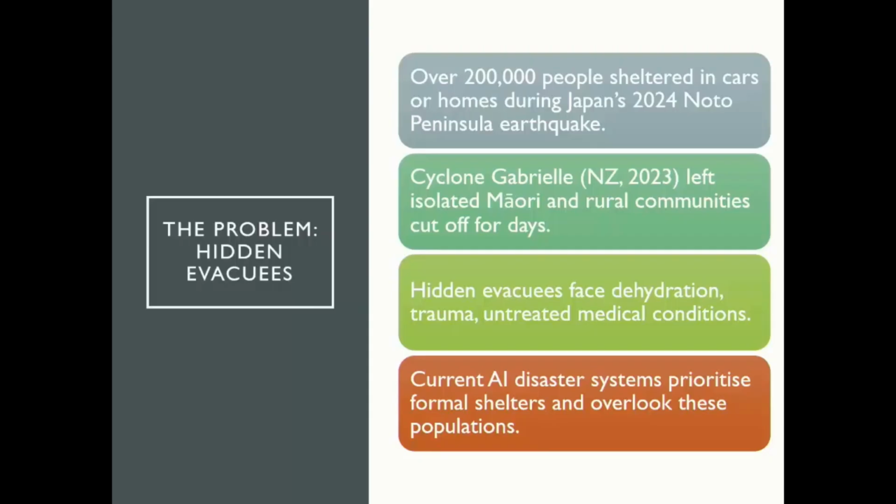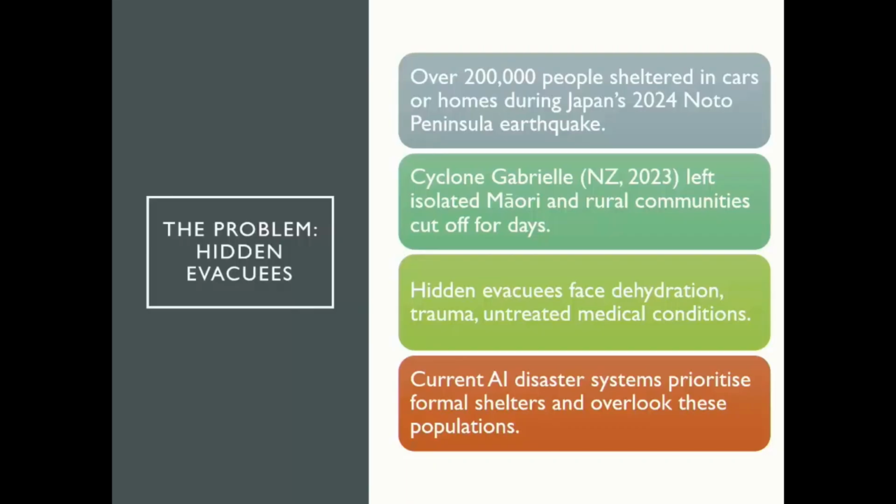These hidden evacuees need support. They might face dehydration, trauma, and untreated medical conditions. So the idea is to support these evacuees who are staying in their homes or cars.